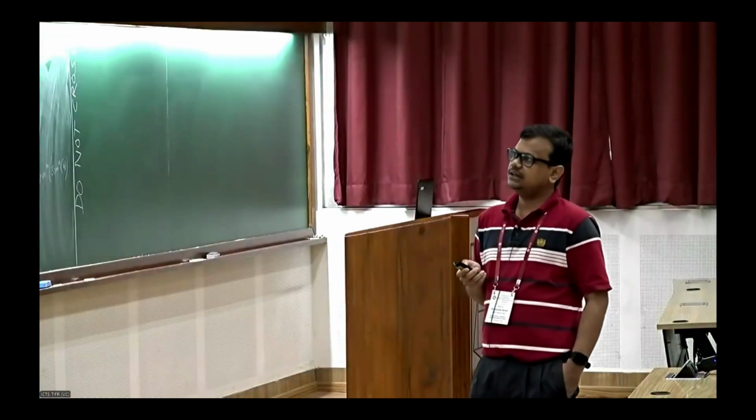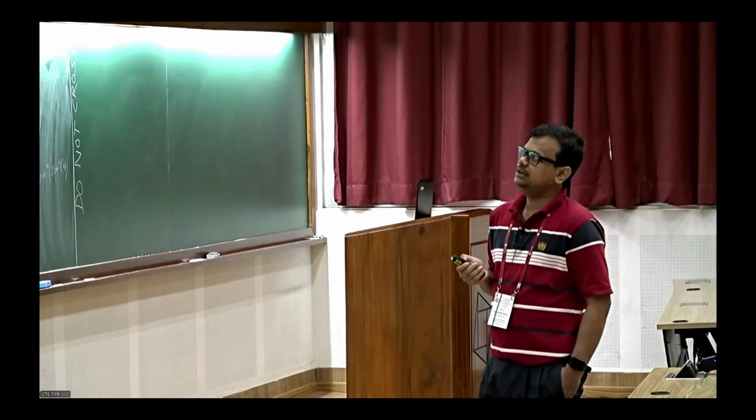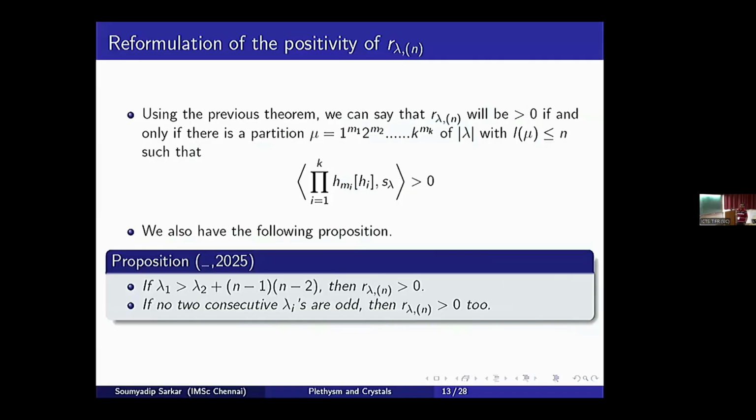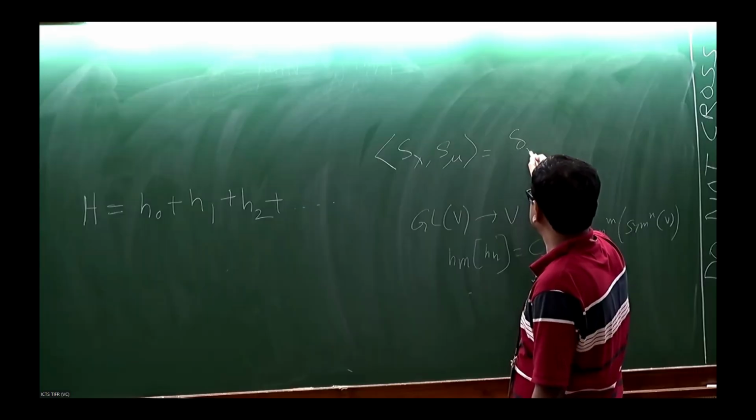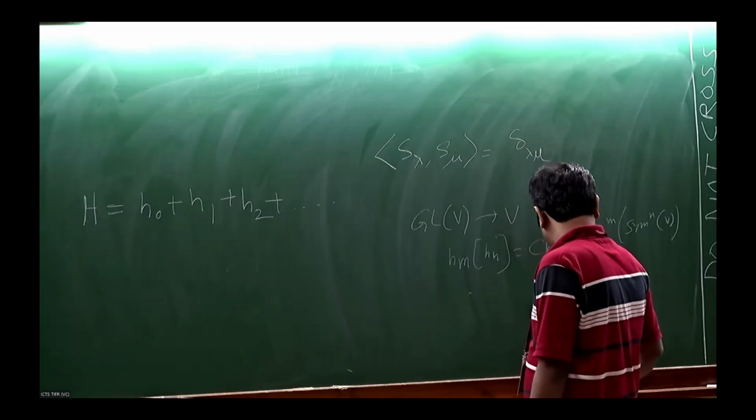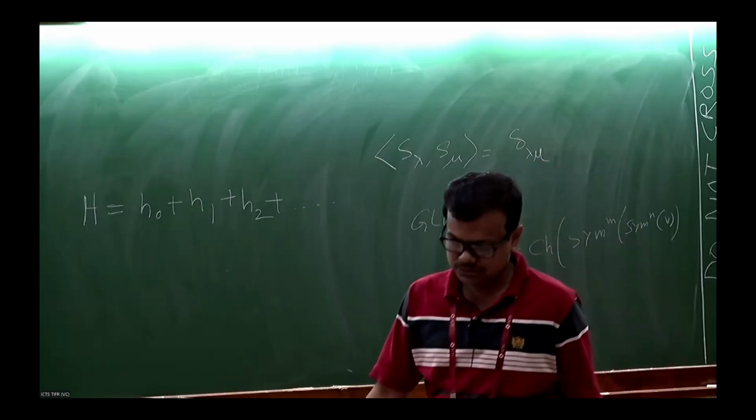So we can say that this R_lambda^n will be positive if and only if there is a partition mu with at most n parts, so that this product of plethysms contains this Schur function. So this is the Hall inner product. This inner product is the Hall inner product that is usually defined by the inner product of two irreducibles of GL_n.